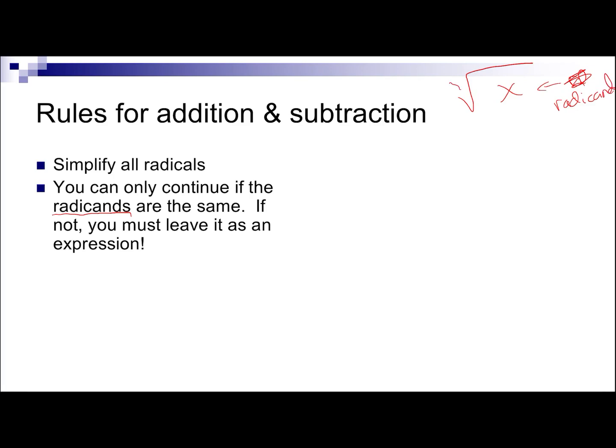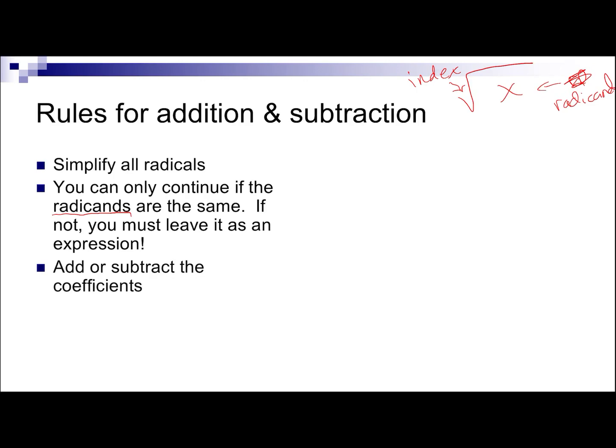And if we had a number in here, this would be called the index. Now remember, if there is no number represented in the index, then it's assumed that it will be a 2 in that spot, a square root.